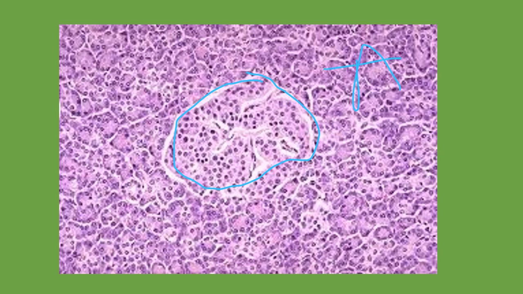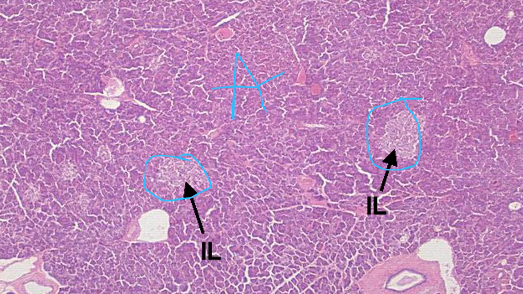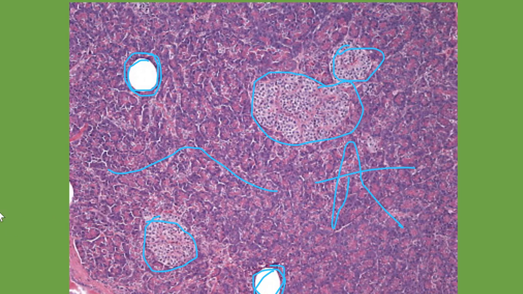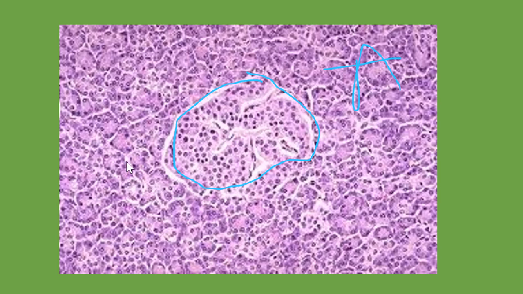Now, your book, or your lab manual, describes acini as dark berry-like clusters. I think that's why I included this slide, because you can kind of see they are clustered together, the acini. Now, if you're having a problem or you find a slide that's harder to tell where the isle is, you can always look at what direction the cells are flowing.